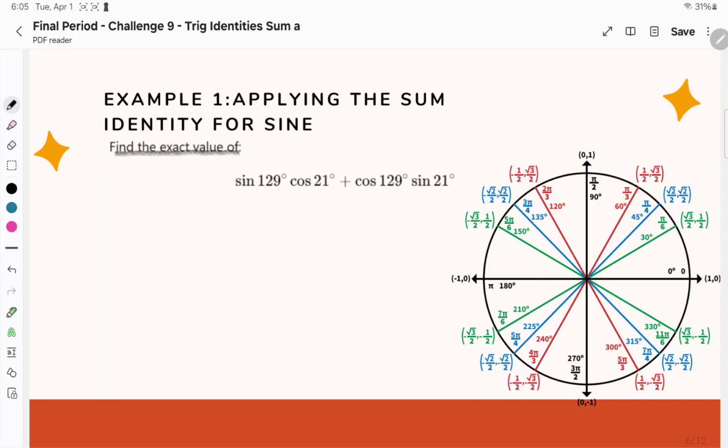In case you don't remember, which ones are the special angles? 30, 45, 60, 120, 135, 150, 210, 225, 240, 270, 300, 315, 330, 0. Here you have your good old friend that I know you love.